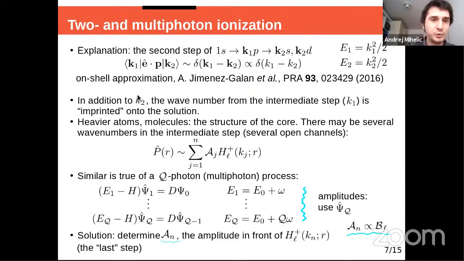So in addition to the expected wave number associated with the energy in the final step, the intermediate step wave number is also imprinted onto the second order solution, and the reason is this relation. Now, in heavier atoms, for example, several channels can be open in the intermediate step.